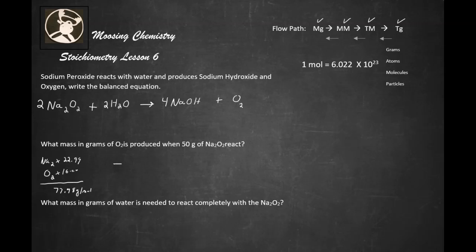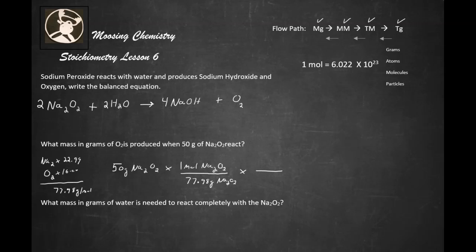So we go 50 grams of Na2O2 times 1 mole of Na2O2. Remember, we have to go from my grams to my moles first. So we're going to put that 77.98 grams right there of Na2O2. Then we want to convert my moles to their moles.